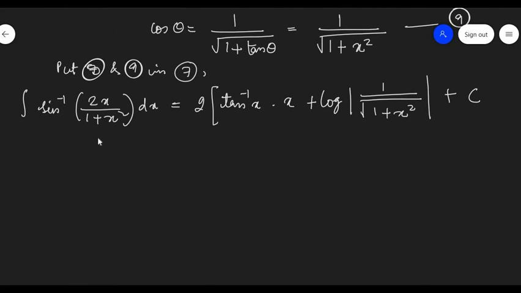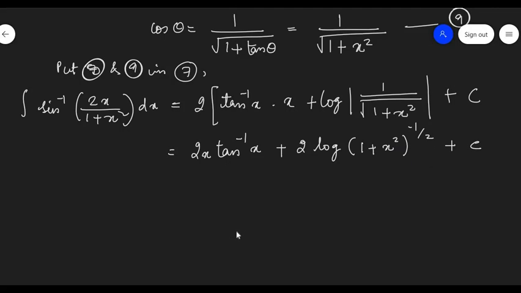So let's take 2 inside. So I can write this as 2x tan inverse x plus 2 log, and this power I can write as minus 1 by 2 since it is in denominator. So this can be written as log of 1 plus x square raised to minus 1 by 2 plus c. We know that when the term with log is raised to a power, that power can be written in front of log.